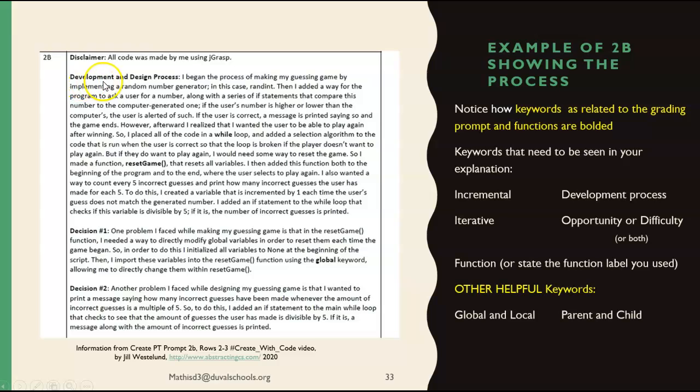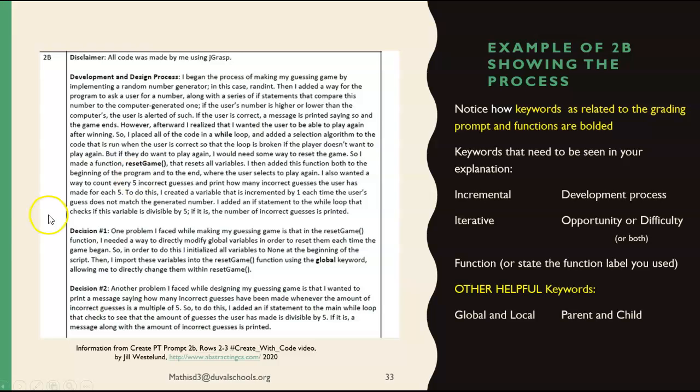Notice he's got development and design process. When he actually discusses this, he actually uses what the name of the function is so that he can explain what the process was, how he developed it, how it went in a cyclical type manner of completing it.